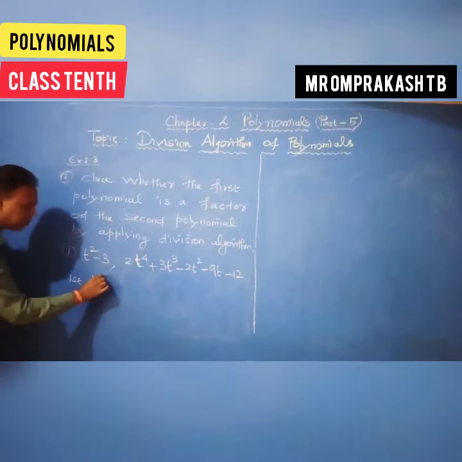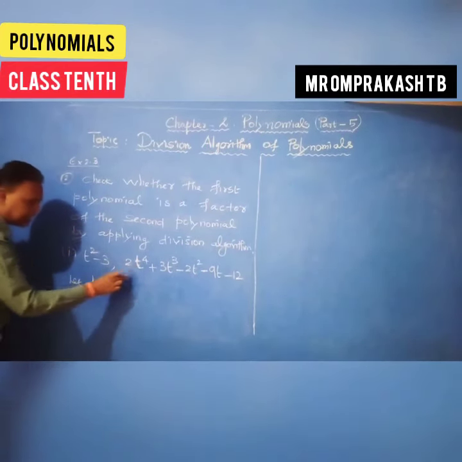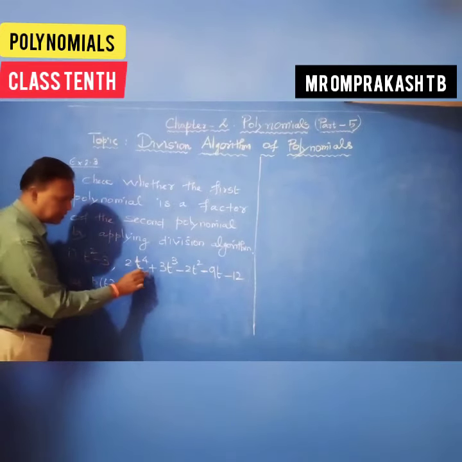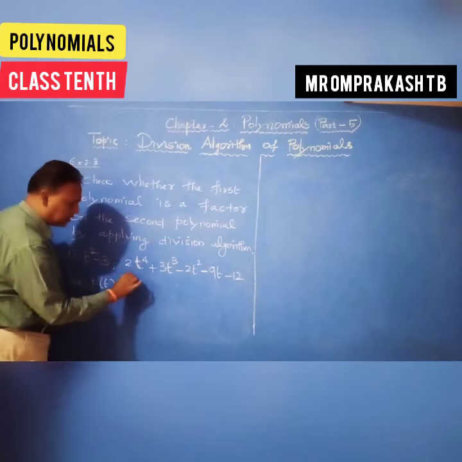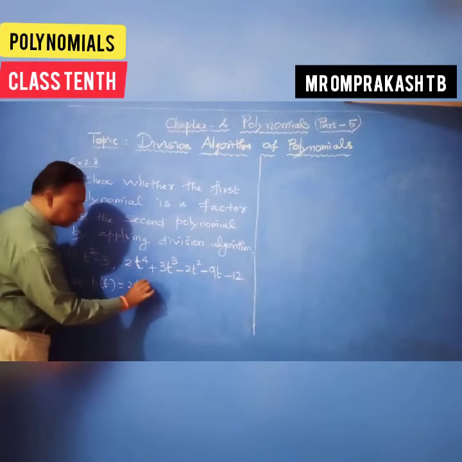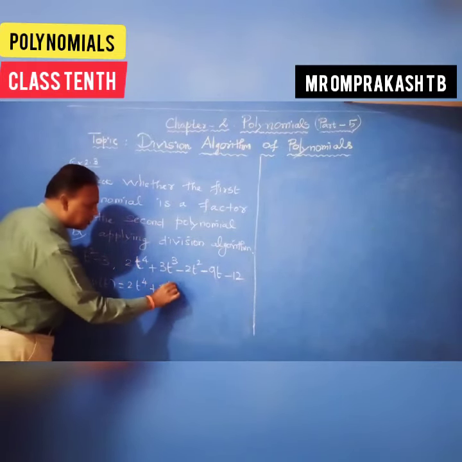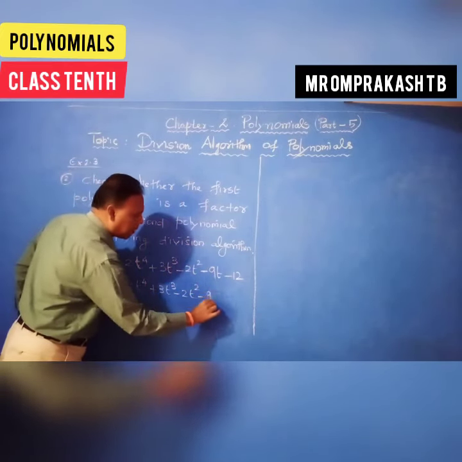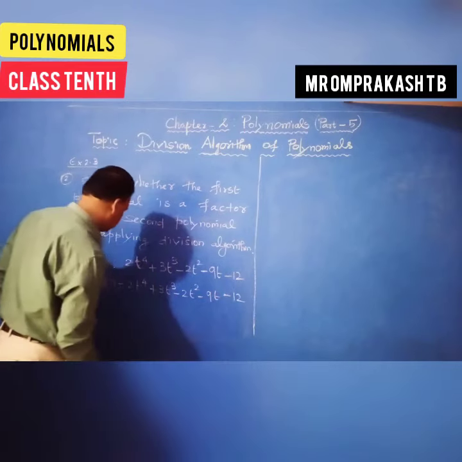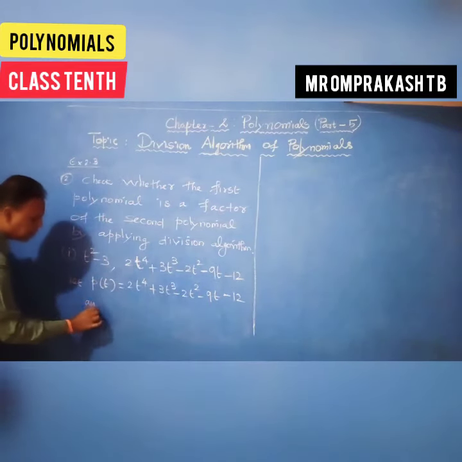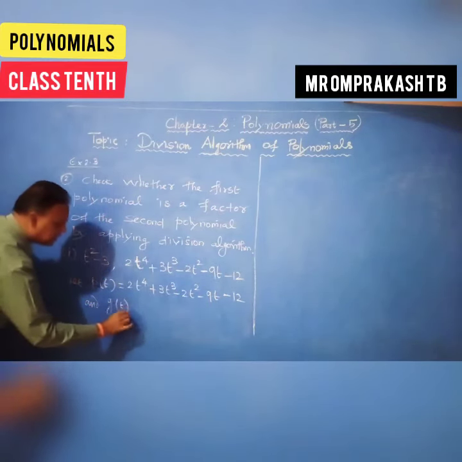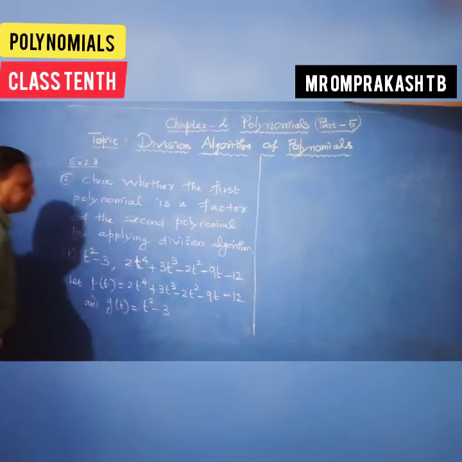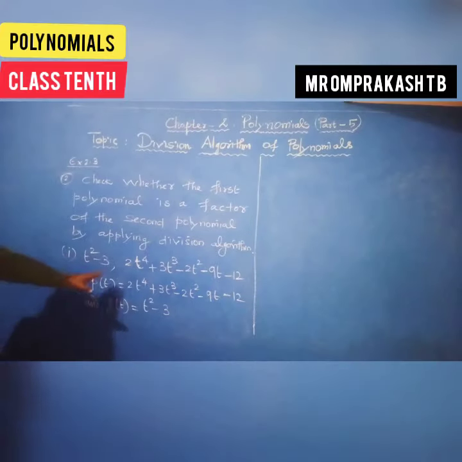Let p of t be this polynomial, that is 2t power 4 plus 3t cube. You see it is in the standard form already, write as it is. And g of t is the divisor, so t squared minus 3. Here, now you divide.